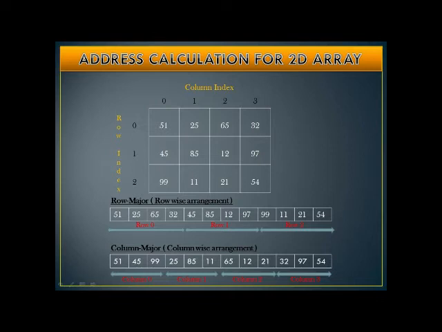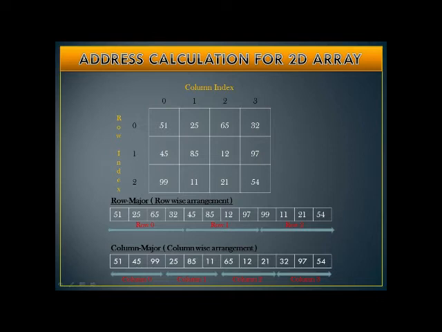Why is this row wise and column wise distinguished? Because a 2D array cannot be saved in the given format in the RAM. Whichever array you use, all arrays are saved as a 1D array in the RAM, because again the addresses are going to be contiguous.